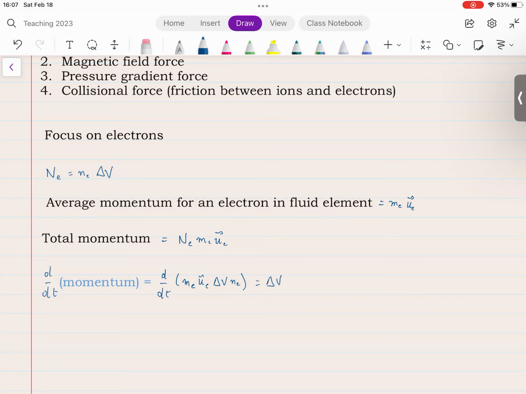And therefore, I get delta V times m_e times n_e times the derivative of what's left, which is just u_e.